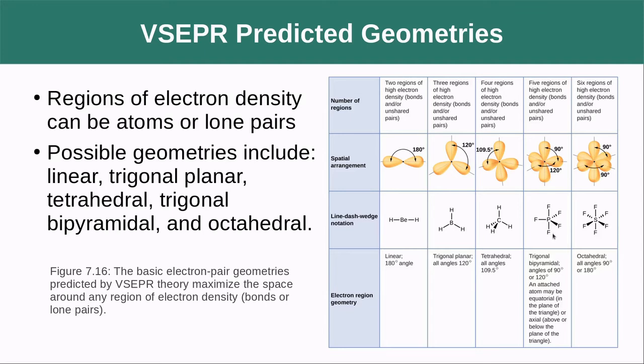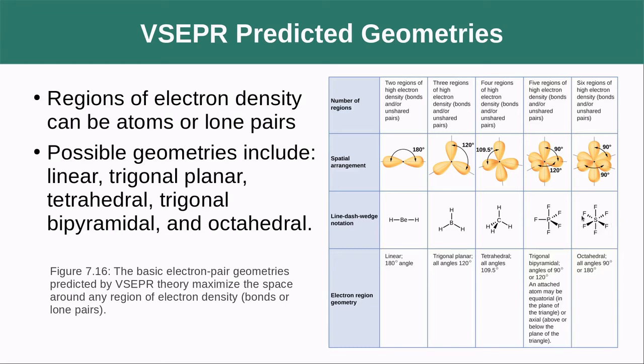The ones at the periphery with 120 degrees between them are called equatorial positions, and the ones on the top and the bottom are called the axial positions. And we're going to see in a moment that that can be kind of important.